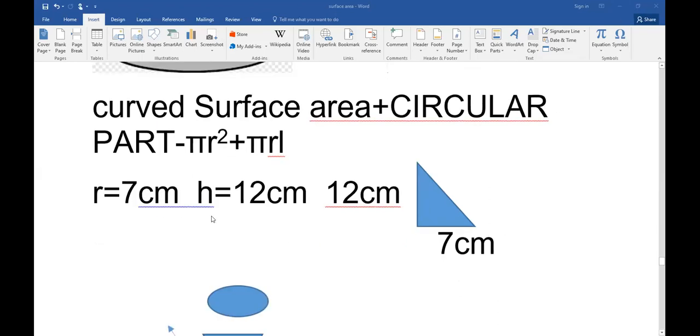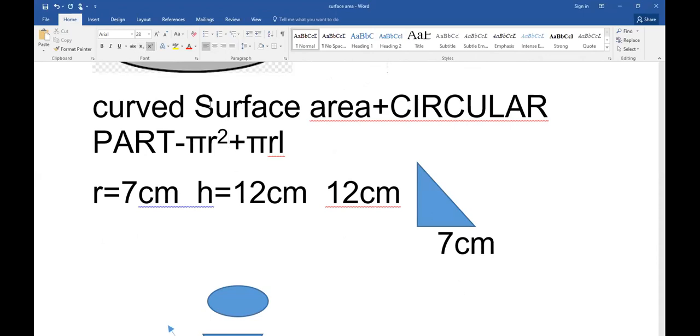Yeah, so if the radius is 7 centimeters, then we can find this part here. We can solve this part by putting brackets and saying pi.